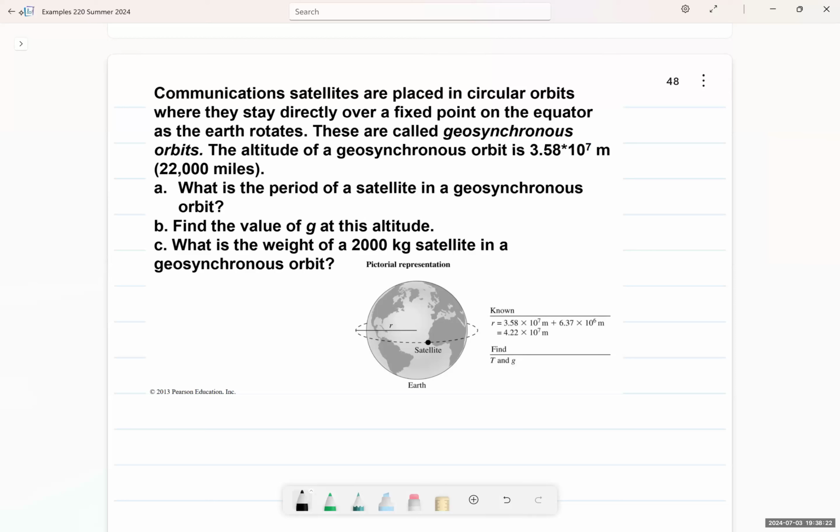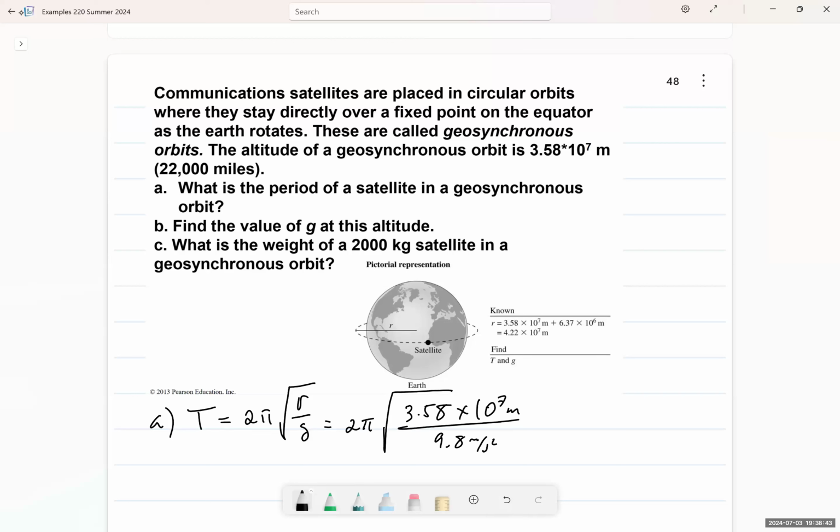All right, the first part should be relatively straightforward. We can technically estimate it, but we can also calculate it. Remember, I gave you the equation: period is equal to 2 pi square root of r over g. So take 2 pi square root of 3.58 times 10 to the 7 meters divided by 9.8 meters per second squared.